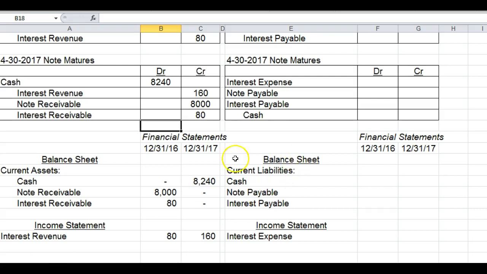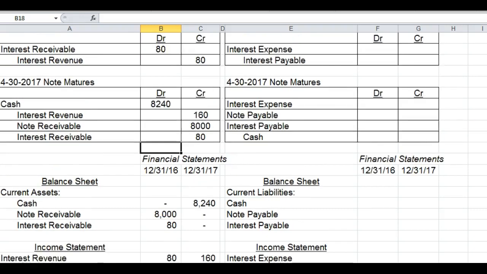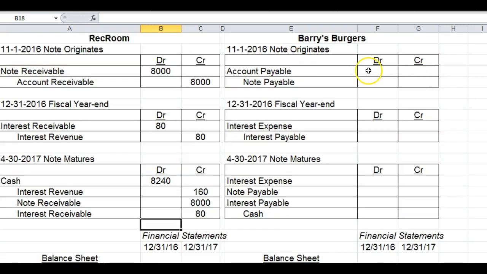Now we're going to look at what if it had been a liability. If we were the debtor, we would be reducing accounts payable by debiting it and increasing notes payable by crediting it. So we're just going to take $8,000 out of accounts payable and put it into notes payable.